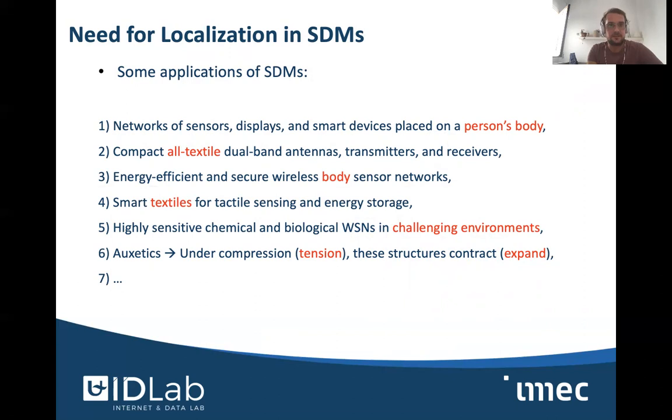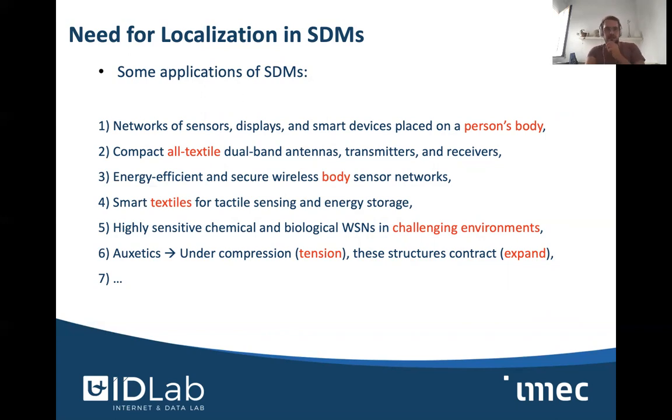Software-defined metasurfaces embedded into textiles worn on a person. Wireless body sensor networks, again, body sensor networks. Wireless sensor networks in challenging environments, something called auxetics. These are materials that get more tense under compression and expand under contraction. So it's a natural property of materials.